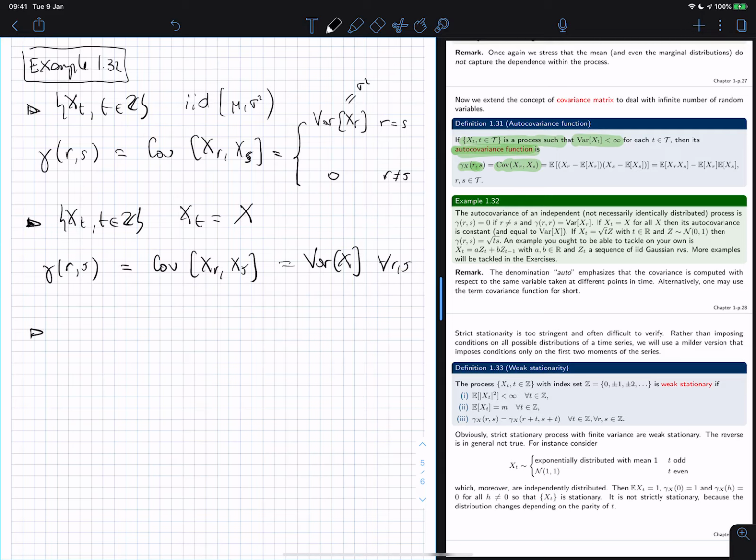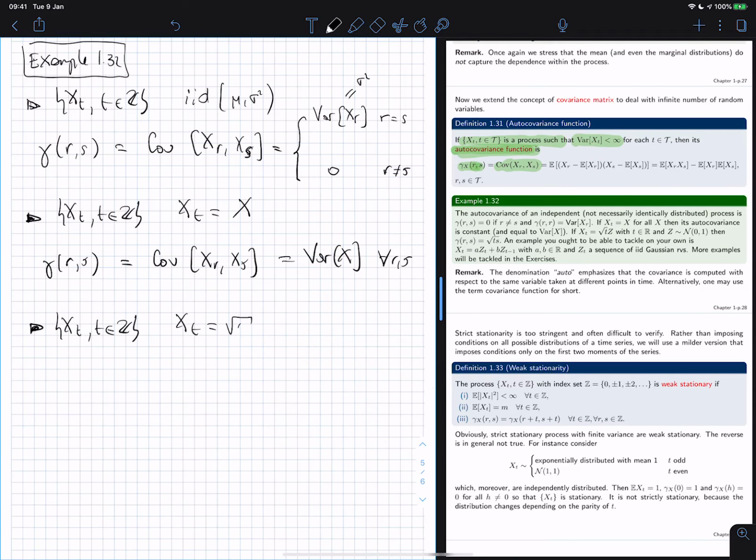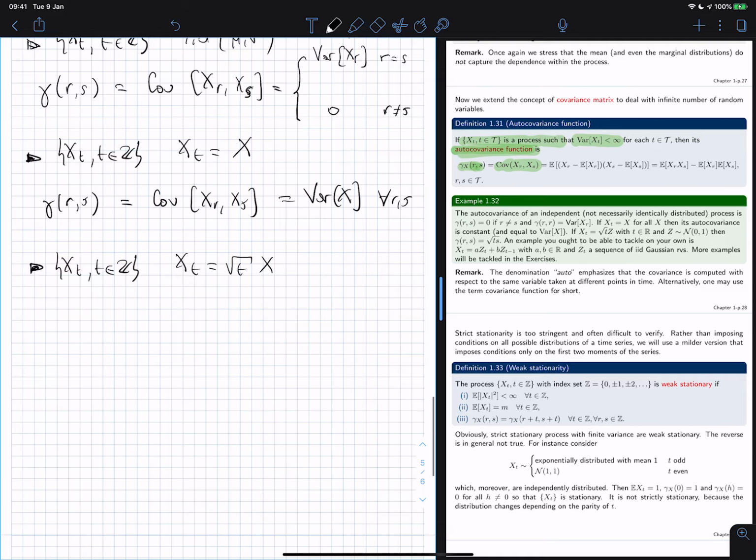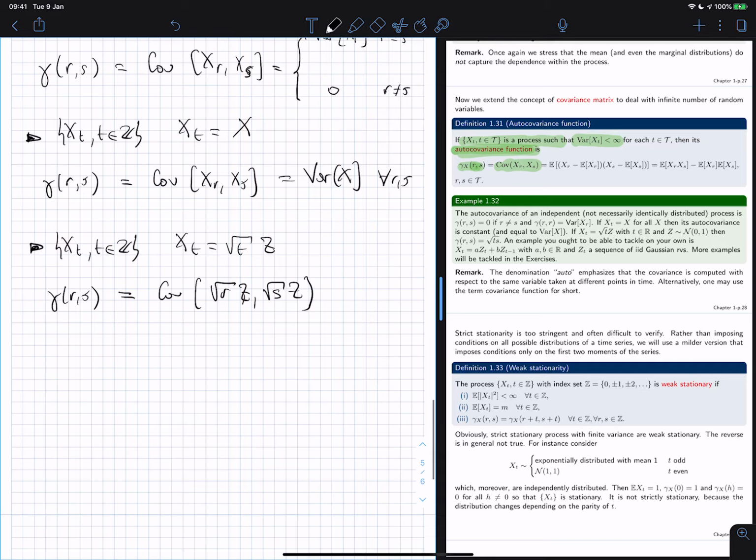If we take X_t which is of this form, then gamma of r, s is going to be the covariance of square root of r Z and square root of s Z, where Z is normal 0, 1.